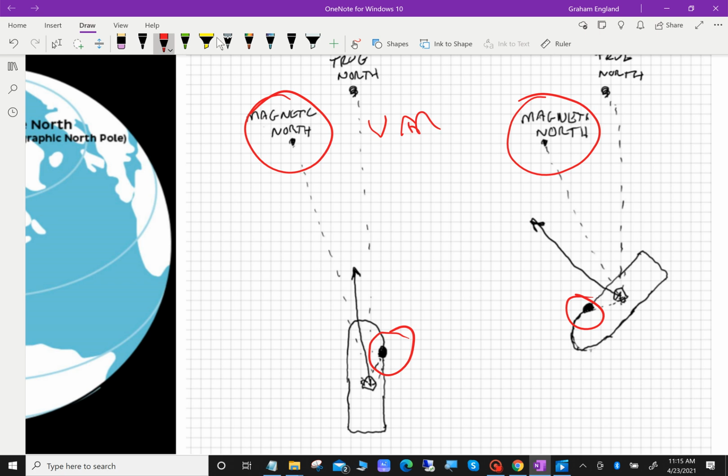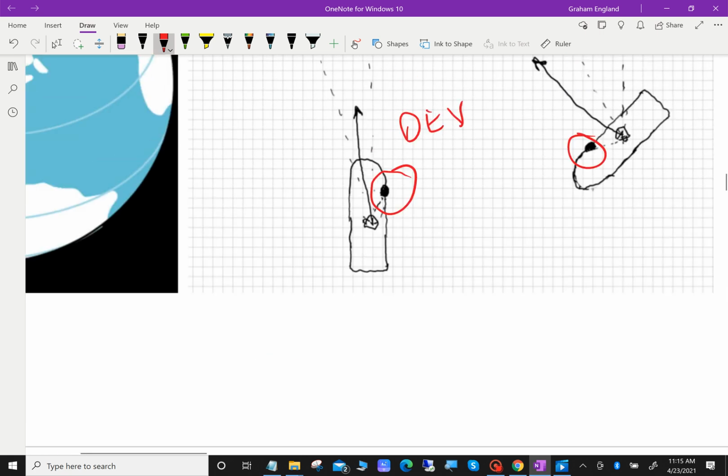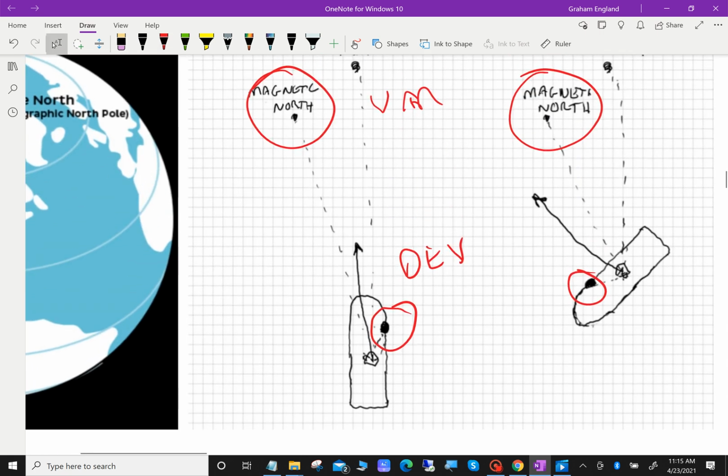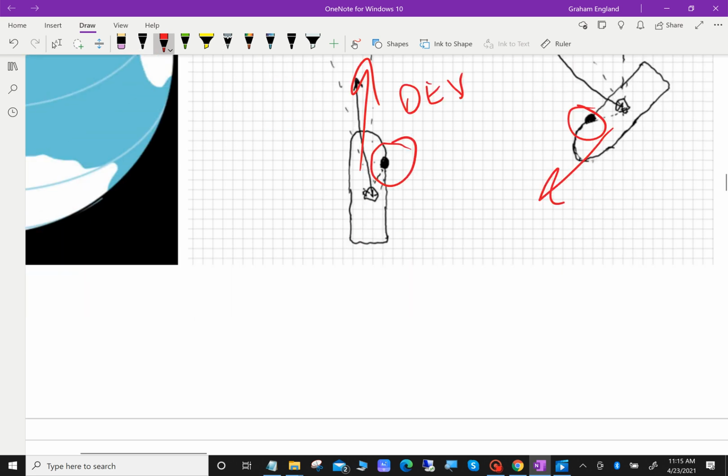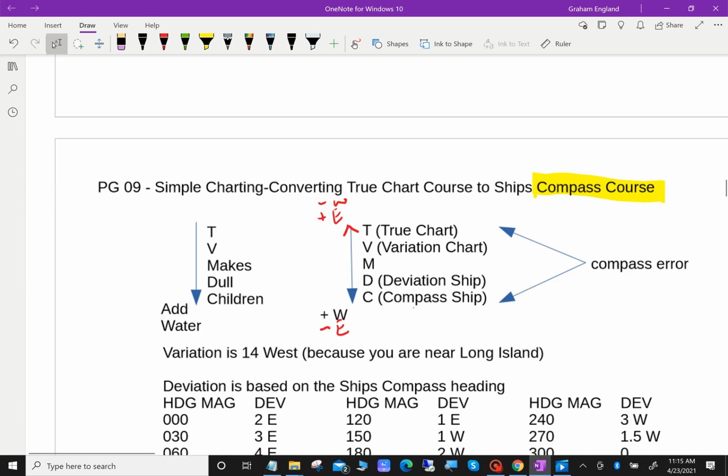The effects on my boat is called deviation, because remember, the deviants are in the boat. And deviation changes based on the direction that your boat is pointing. So you actually don't have one single number. You have a table that you have to look up.